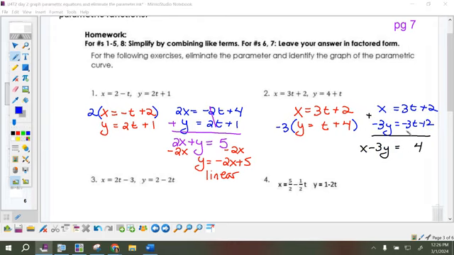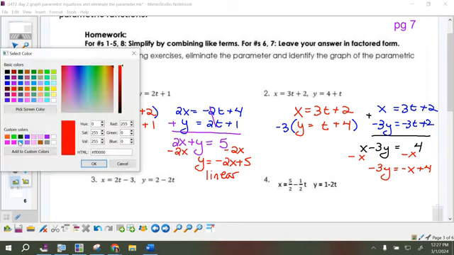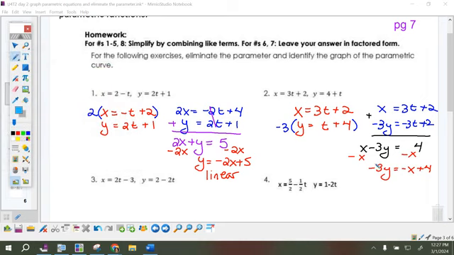That looks like 12. All right, I want to isolate the y because that's another linear equation. I'm going to subtract x and divide every term by -3. So I've got y equals, this is -1 divided by -3, so that's positive 1/3 x minus 4/3.